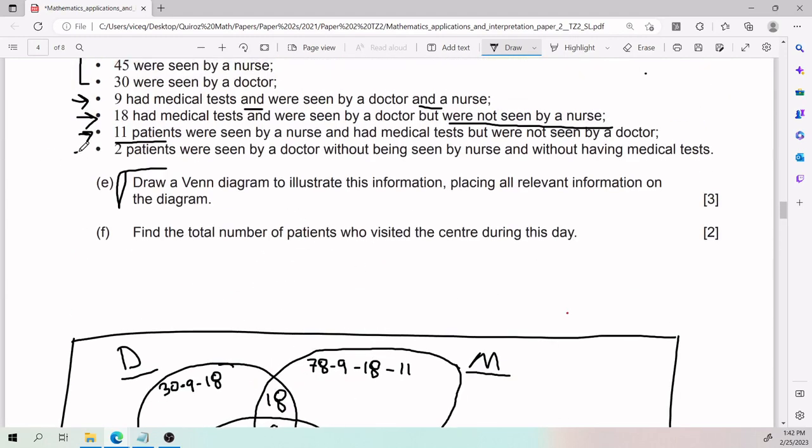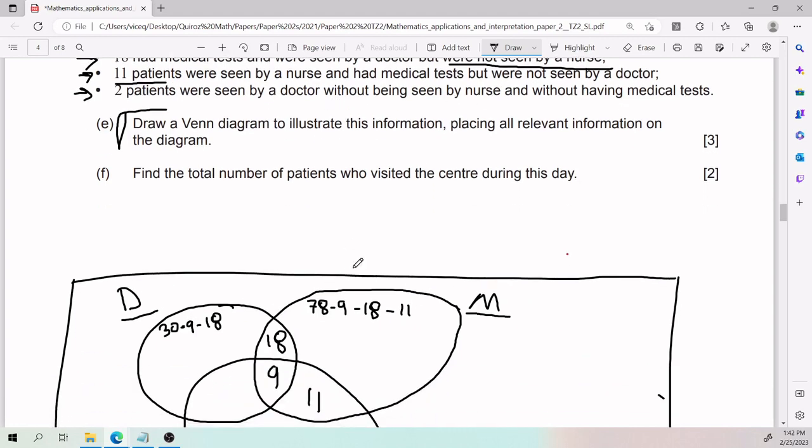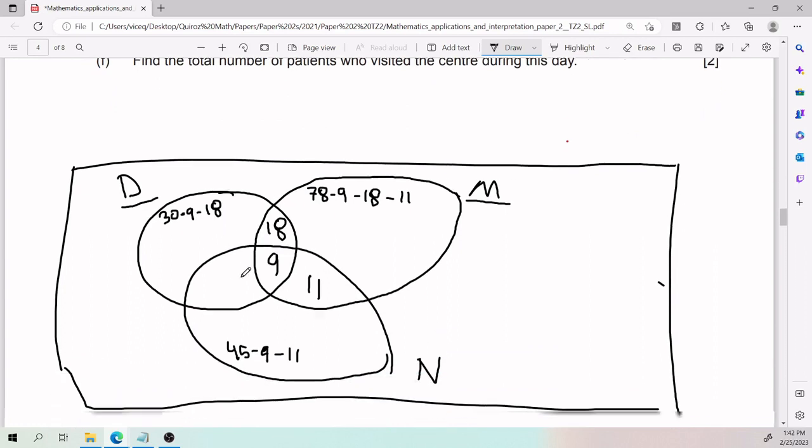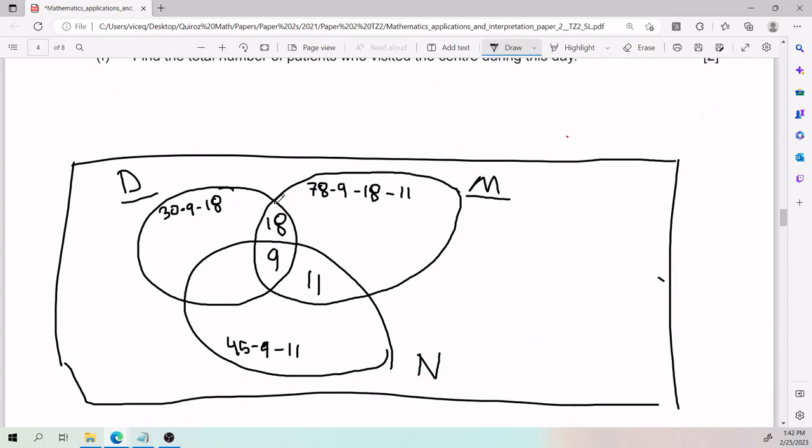We move on. 2 patients were seen by a doctor without being seen by a nurse and without having medical tests. So that means that this guy here for doctor has to be 2. So 30 minus 9 minus 18, does that equal 2?